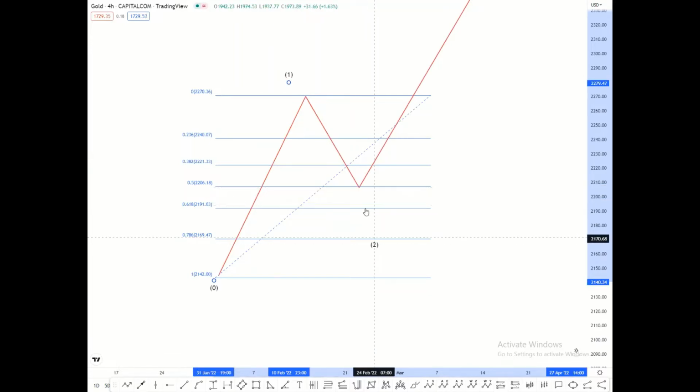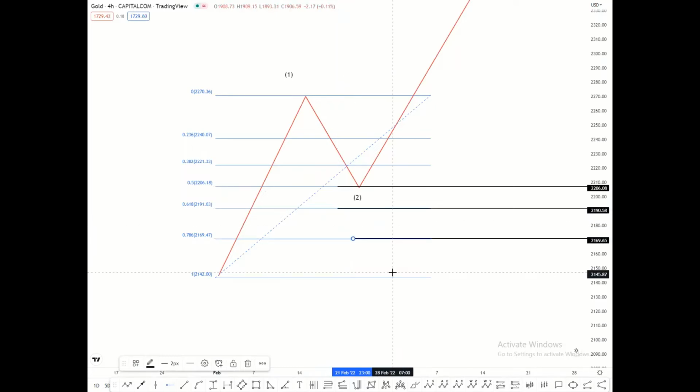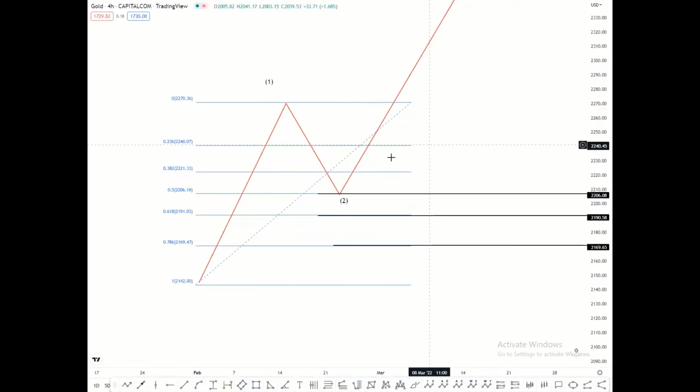This is still acceptable as wave 2. So acceptable percentages start at 50%, and then they can take 60% or 78%, any of these percentages, but at least it must retrace from wave 1 up to 50%.